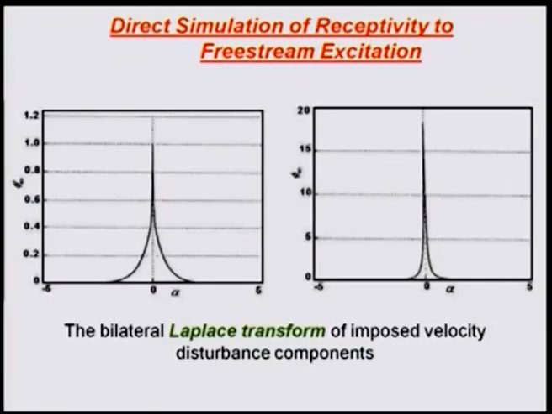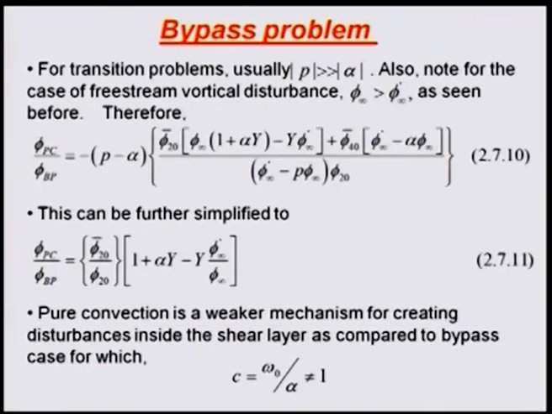So this disparity in the spectrum of u infinity and v infinity helps us understand the problems that we have looked at. We called two classes of problem. One is the pure convection problem, and the other is the bypass problem.